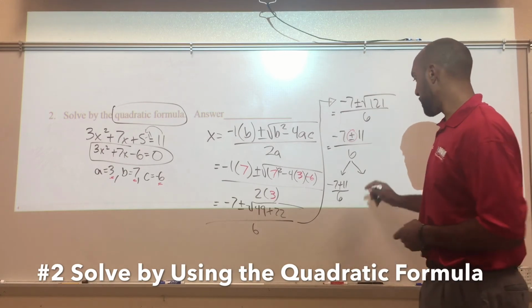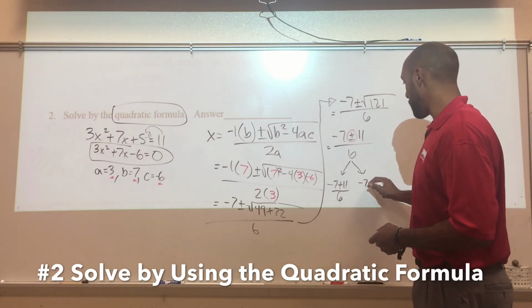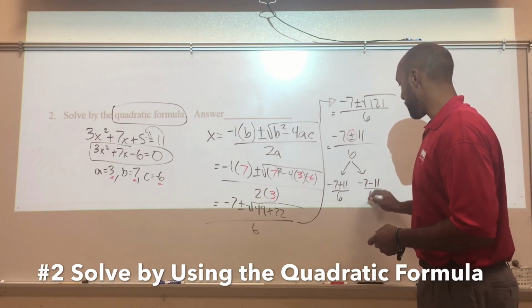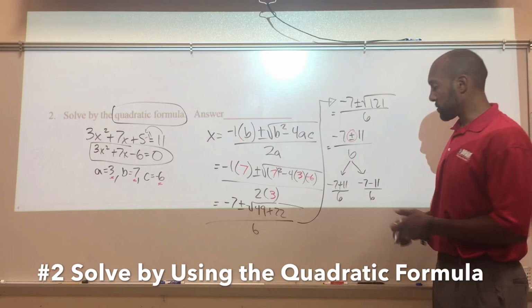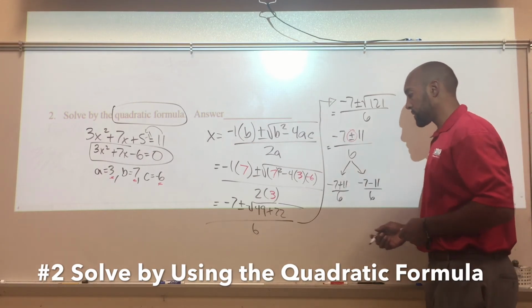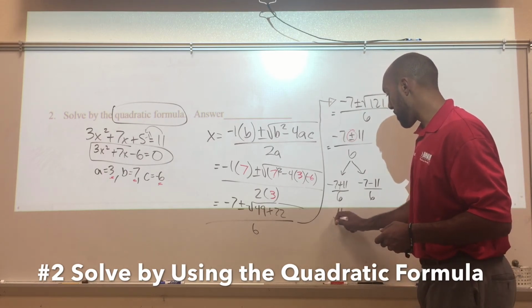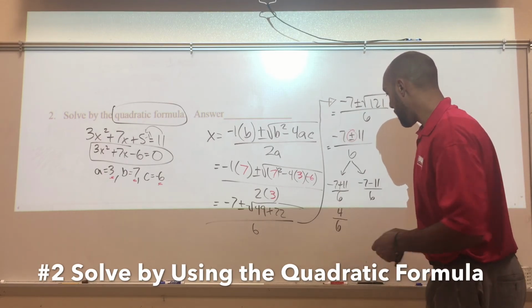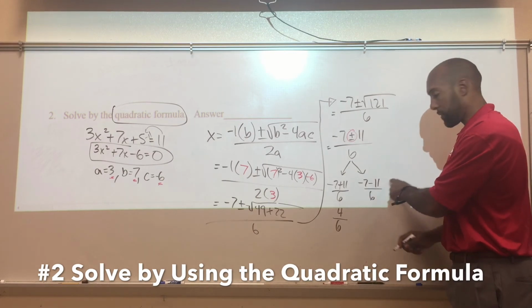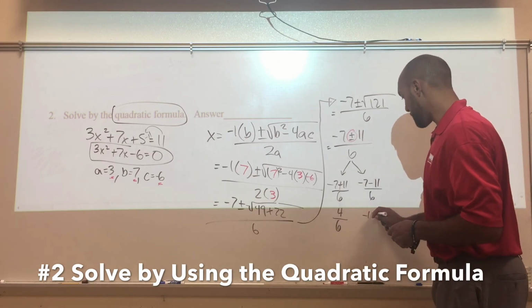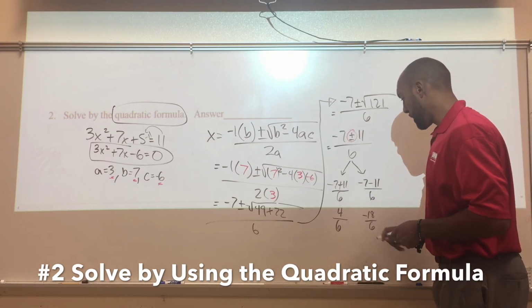The second one will be -7, the same one, but minus 11 over 6. Okay, so we'll do step by step. -7 plus 11, that's going to be 4 over 6. And then -7 minus 11 is -18 over 6.